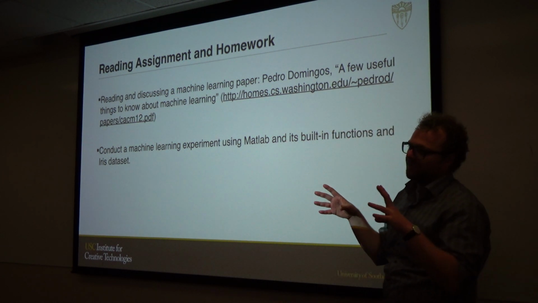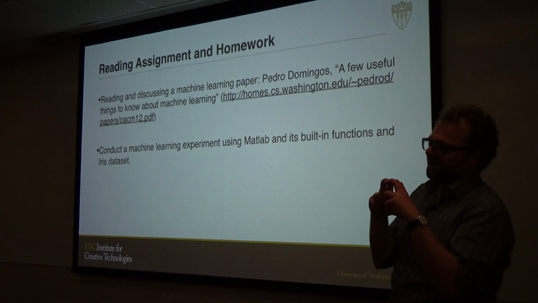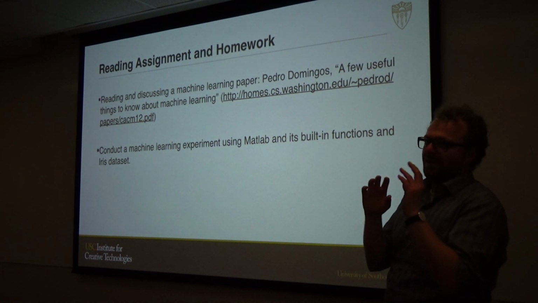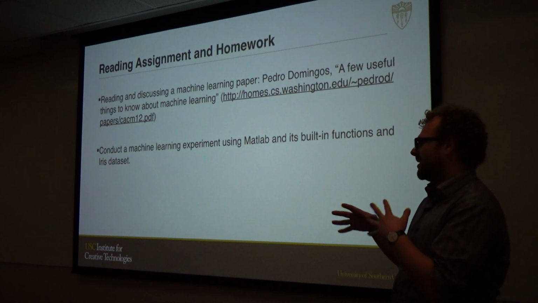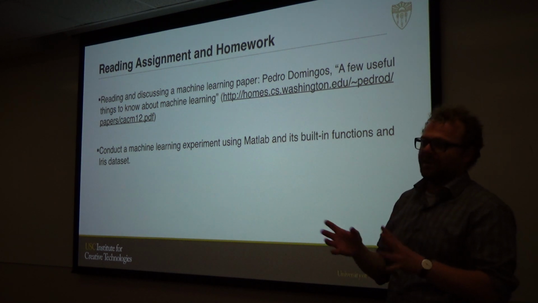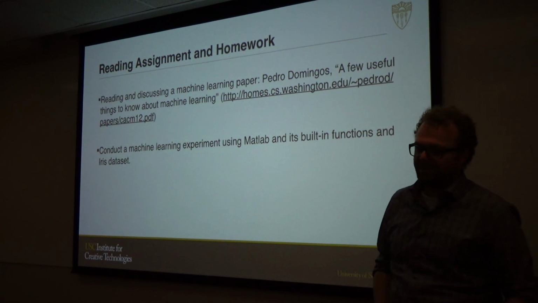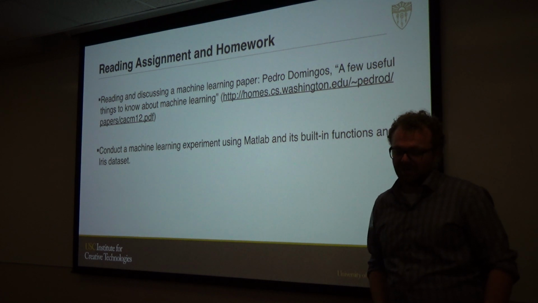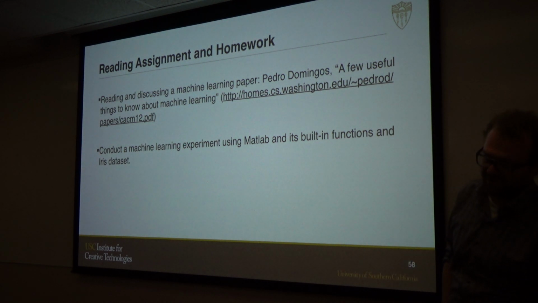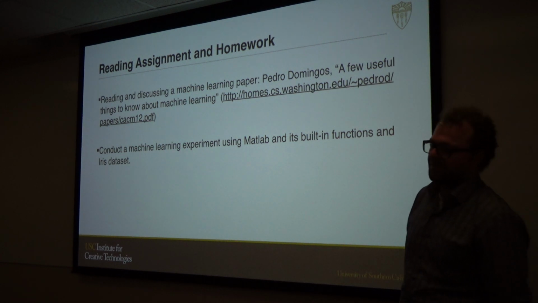It's very high level. Everything is always a paragraph or two, so very condensed, nice to get an overview of what the problems are in machine learning. And then we conduct a machine learning experiment using Matlab functions. So that's not going to be very hard. Okay, so a 10-minute break and then we'll continue.